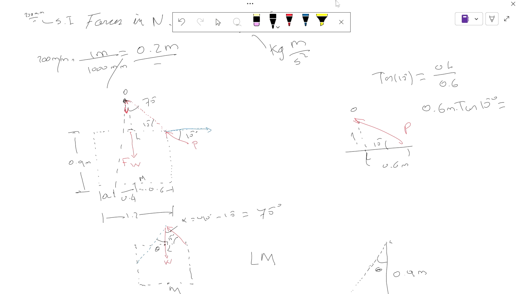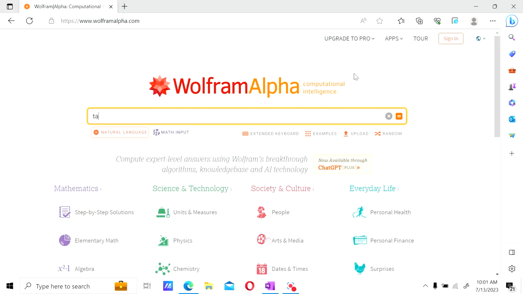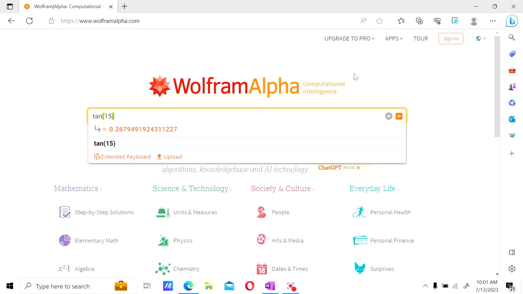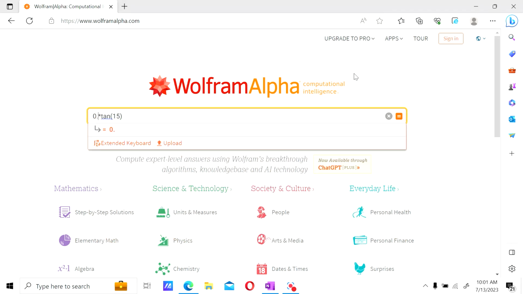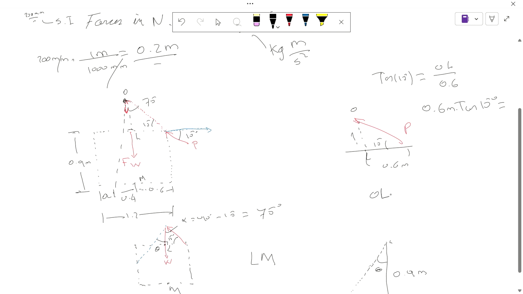So that distance is tangent of 15 times 0.6, which is 0.16. So this distance OL is 0.16 meters.